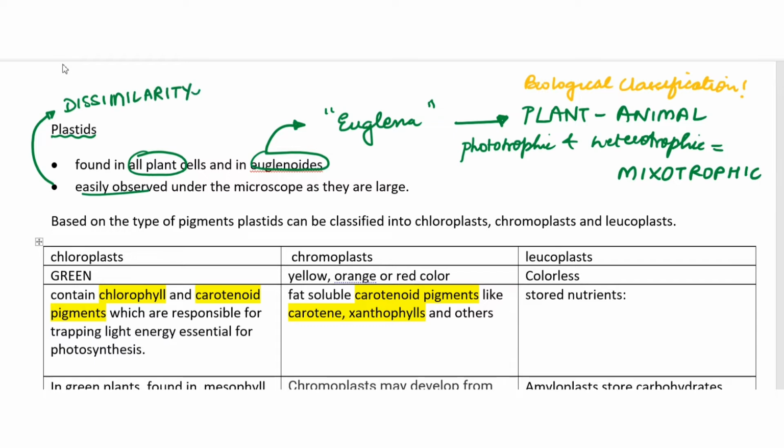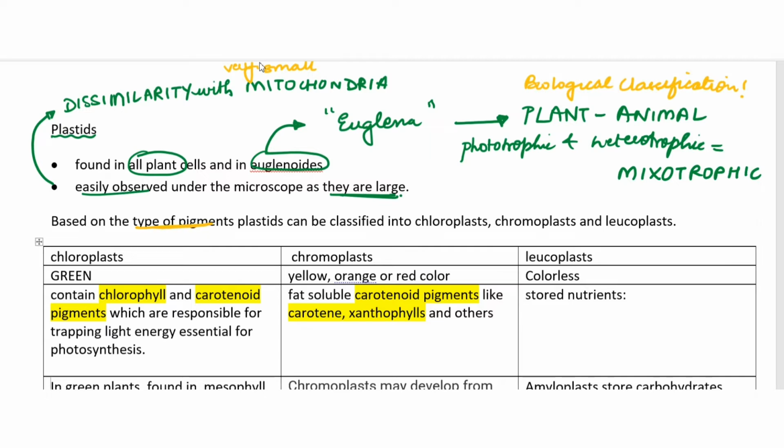So now we'll talk about plastids. So plastids, I told you, it's found in plants and it is easily observed under the microscope. Why? Because they are large. So this is the similarity we find with mitochondria, because mitochondria was small and it was not easily observed under the microscope.